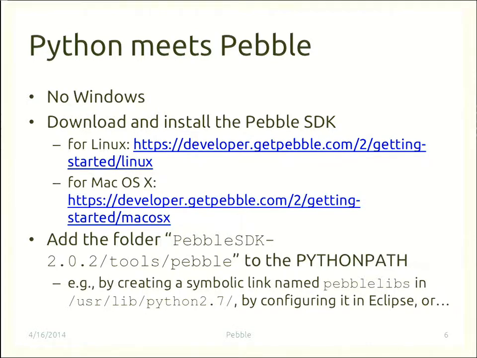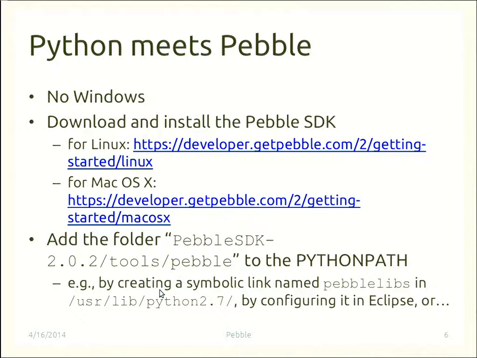So, what are the steps to have the SDK and everything you need to develop a Python application that speaks with the Pebble? You have to download the SDK and install it according to this guide. One is for Linux and this one is for Mac OS X. Then, in this SDK, there is a folder named Pebble, inside Pebble SDK 2.0.2 tools, and you have to add this folder to the Python path in any way you want.